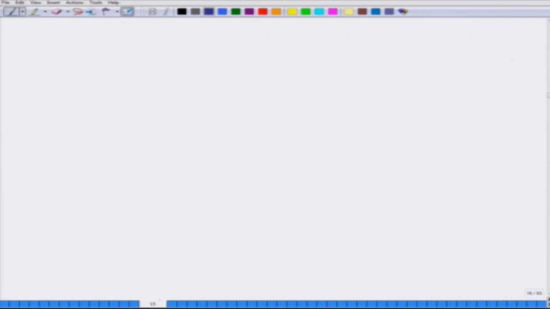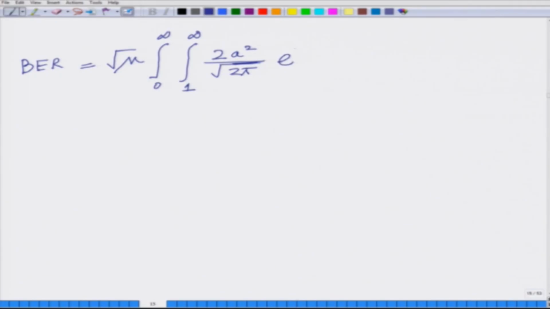I am going to combine these two terms as the average bit error rate is equal to, bringing square root of mu out, integral 0 to infinity, integral 1 to infinity, 2A square by square root of 2 pi times e raised to minus A square divided by 2 plus mu u square, times dA du.